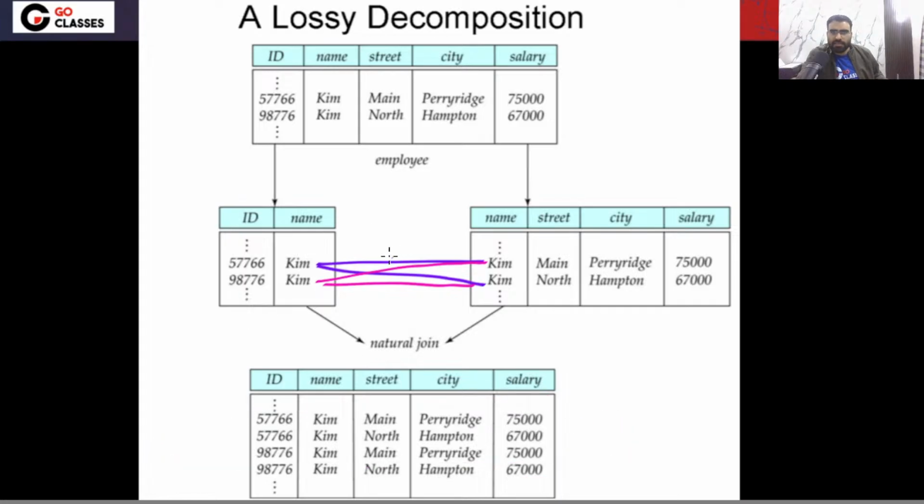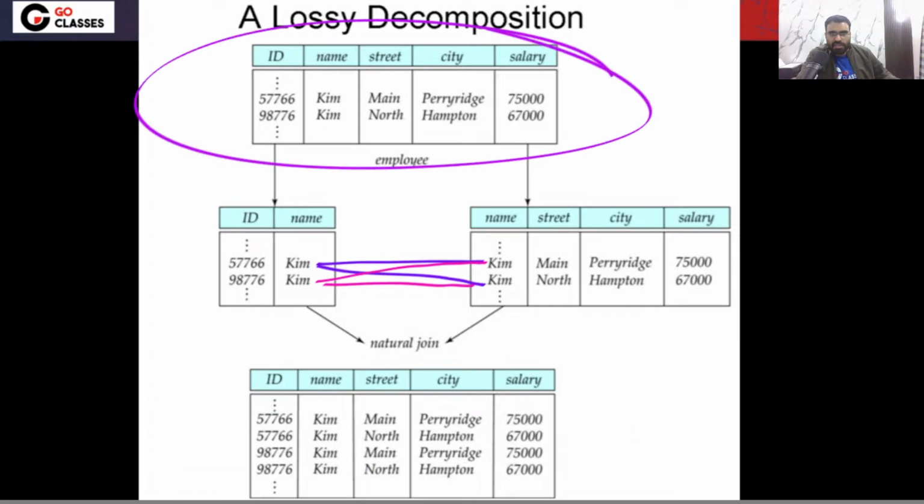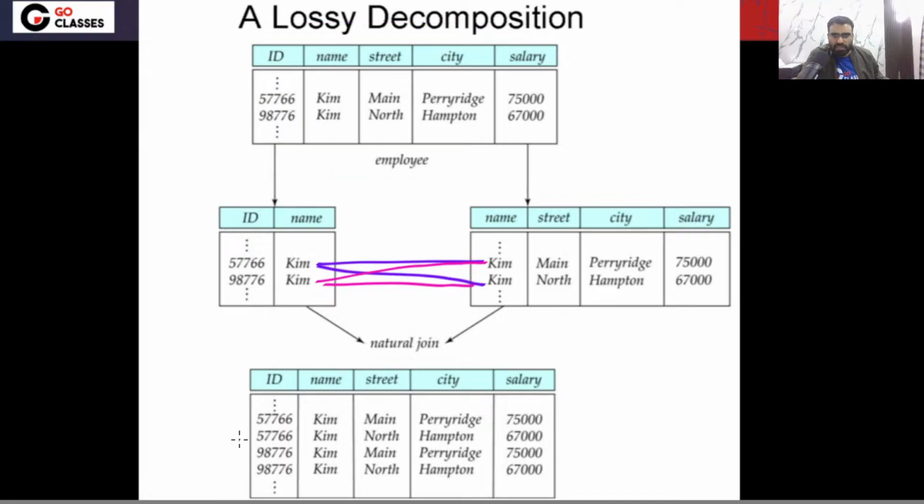But remember one thing: in the original relation we don't have, for example, this tuple. So in the original relation, which tuples do we not have here? Yes, this 5 7.